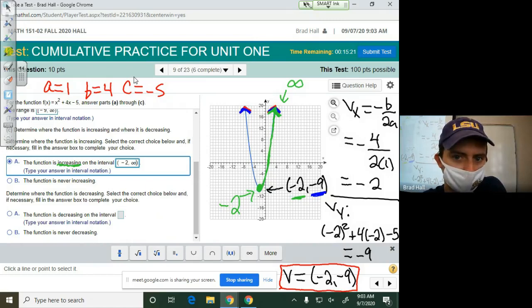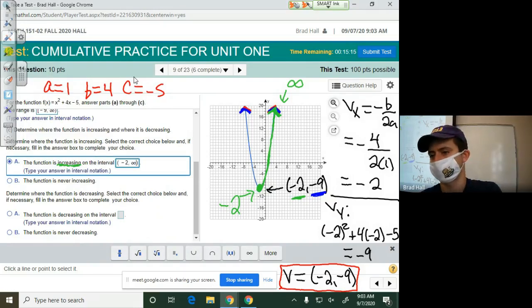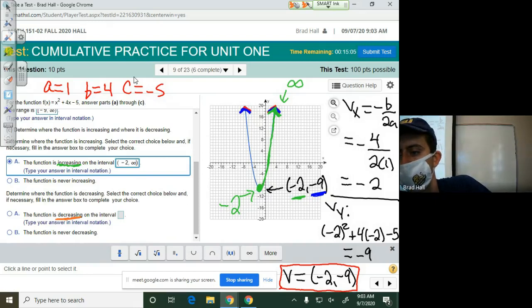For decreasing, it is very similar. I guess I'll use orange. So for decreasing, all the way from here down to this point.